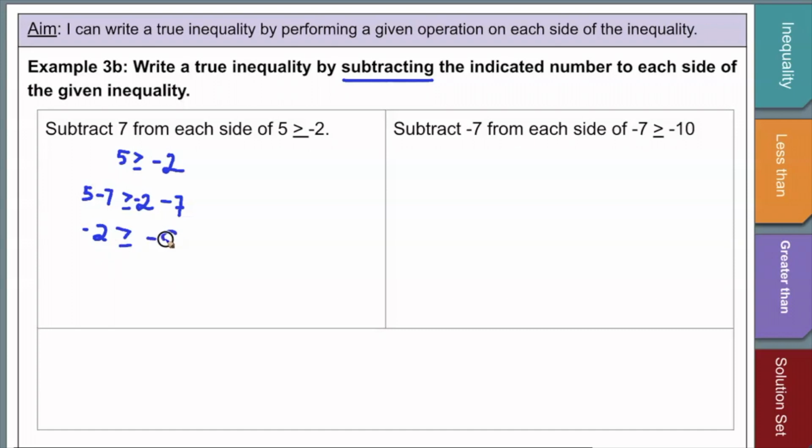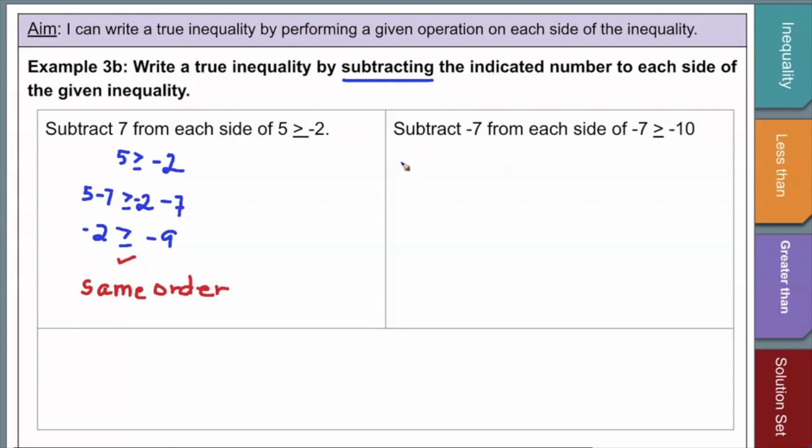Is this a true inequality? Yes, it is true. Negative 2 is greater than negative 9, and negative 2 greater than or equal to negative 9 has the same order as the original inequality 5 greater than or equal to negative 2.